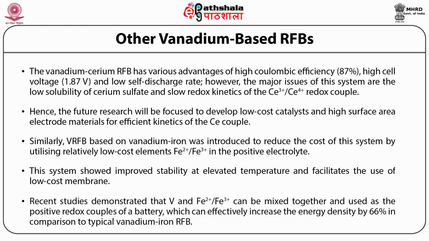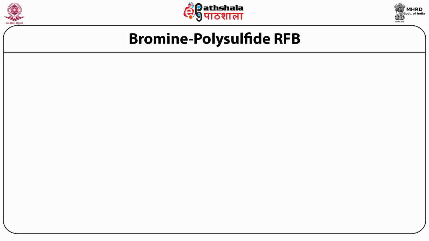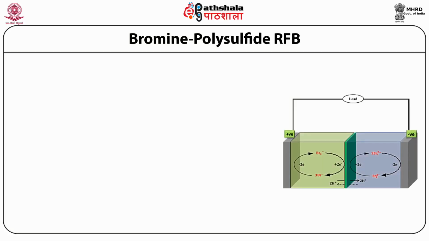Recent studies demonstrated that vanadium and Fe2+/Fe3+ can be mixed together and used as the positive redox couples of a battery, which can effectively increase the energy density by 66% in comparison to a typical vanadium iron RFB. Bromine polysulfide RFB.